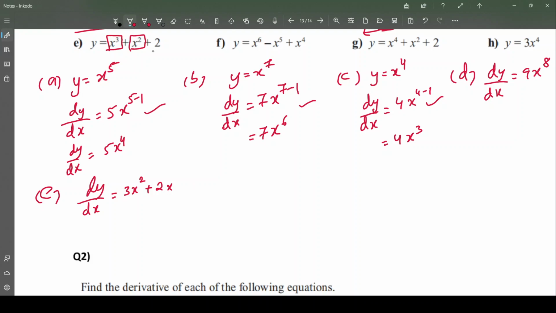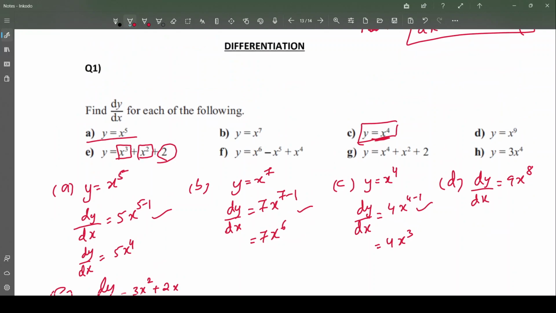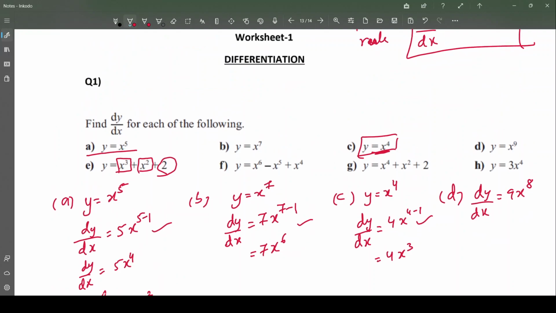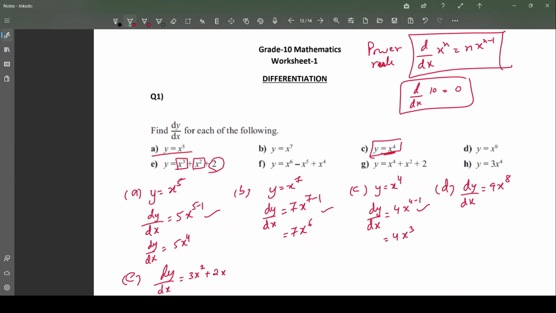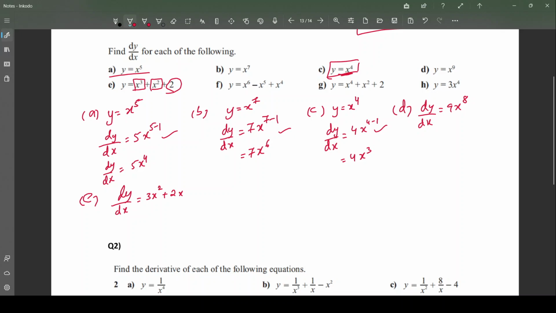And differentiation of any constant will be 0. If I differentiate any constant value, constant means any number, it will give me 0. Okay, differentiation of any constant value is 0.